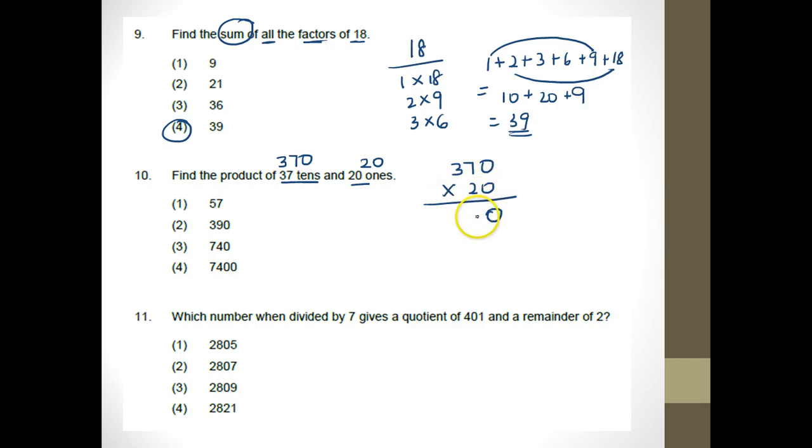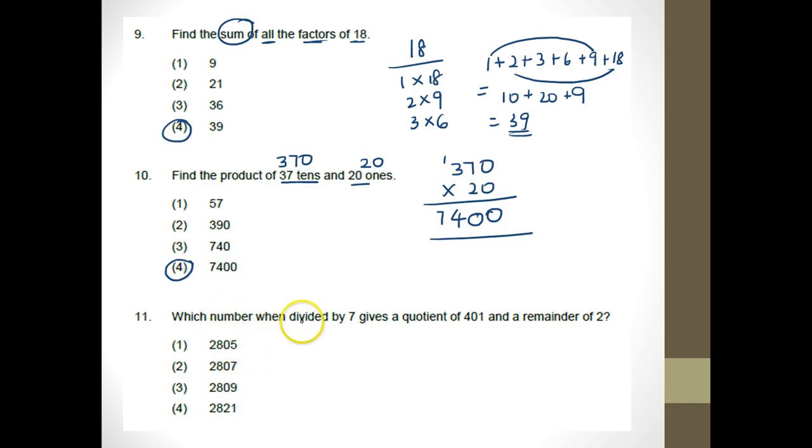So 0 times 2 is again 0. 7 tens times 2 tens is 14 hundreds. 3 hundreds times 2 tens is 6,000. 6,000 plus 1,000 is 7,000. So the answer is 7,400.